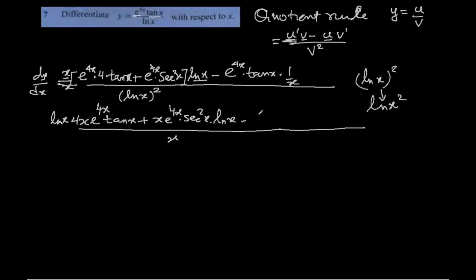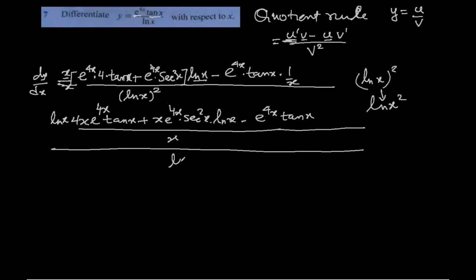Here it will be e to the power 4x tan x, and that x is under both of them now, divided by ln x square. It looks a little complicated, so this x, because it's a denominator of the numerator, can be multiplied with the denominator itself. So our new denominator will be x times ln x squared.